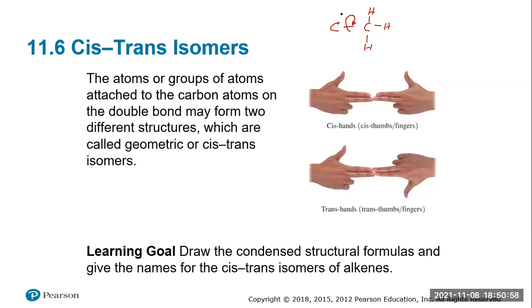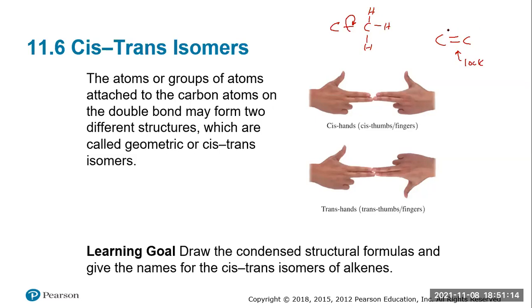When we lock our carbons into place with a double bond, we lose the ability for rotation around the double bond.